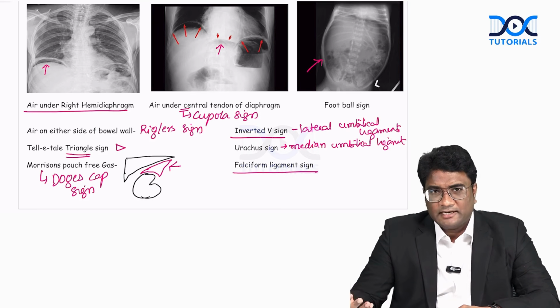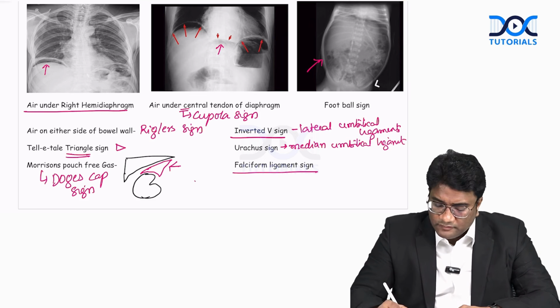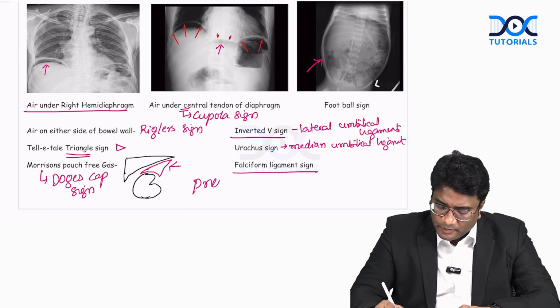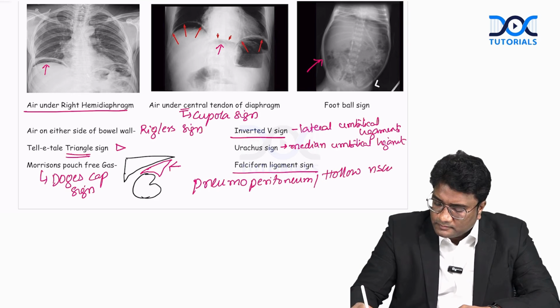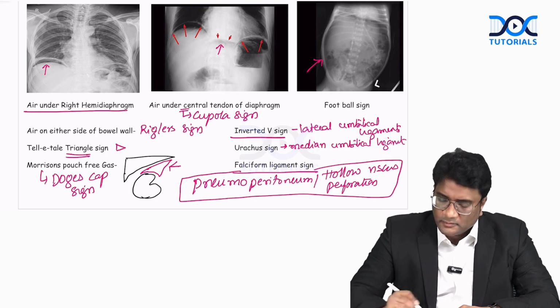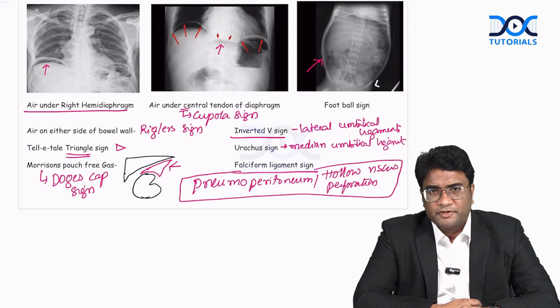So all the ligaments stand out, the falciform ligament, the urachus, the lateral umbilical ligaments, all of this is suggestive of pneumoperitoneum or hollow viscus perforation.